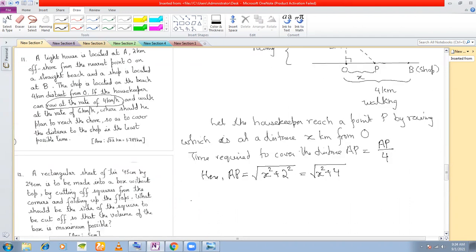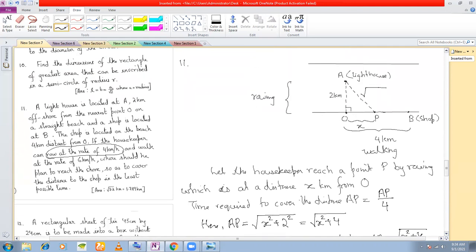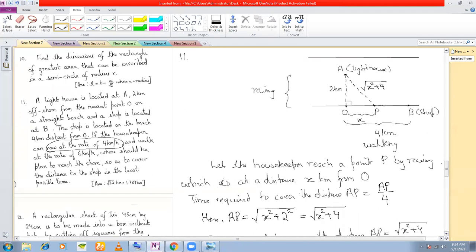Therefore the time required to cover the distance AP is root over x squared plus 4, divided by 4. This is the time that he is spending in rowing.